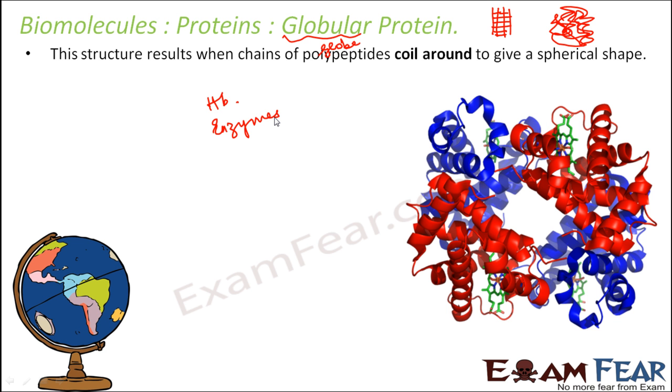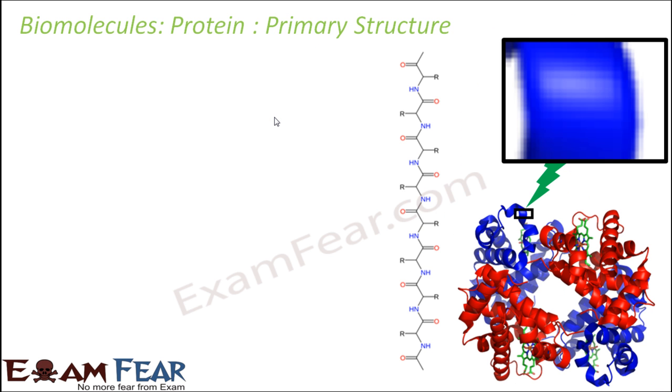So what are these structures? We will now talk about the structure of proteins. Four types of structures are observed in proteins: primary structure, secondary structure, tertiary structure, and quaternary structure. Look at this complex structure.